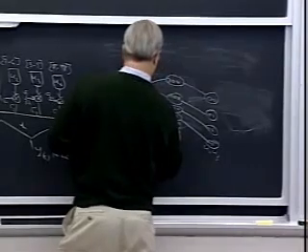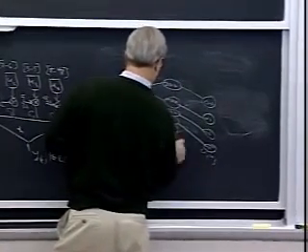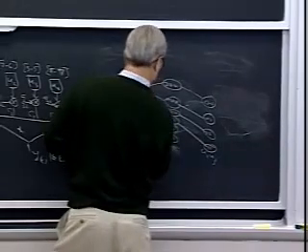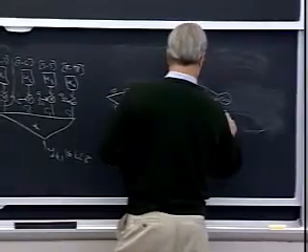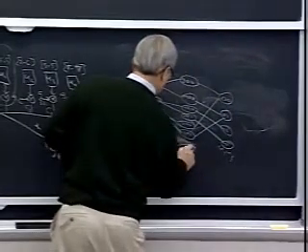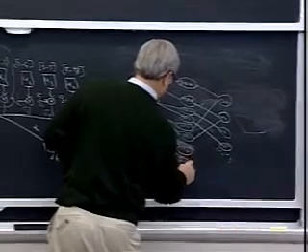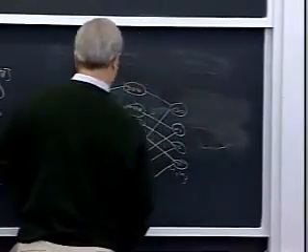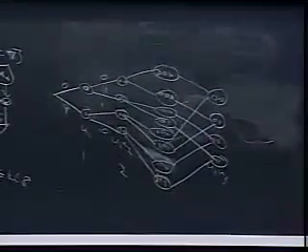So let's see if I can actually complete it. This could go to 1, 0, 0 or 1, 0, 1. And then this one goes up to either 0, 0 or 0, 1. This one can go to 1, 1, 0 or 1, 1, 1. And that can go like this. All right, so there's the trellis for the first half.